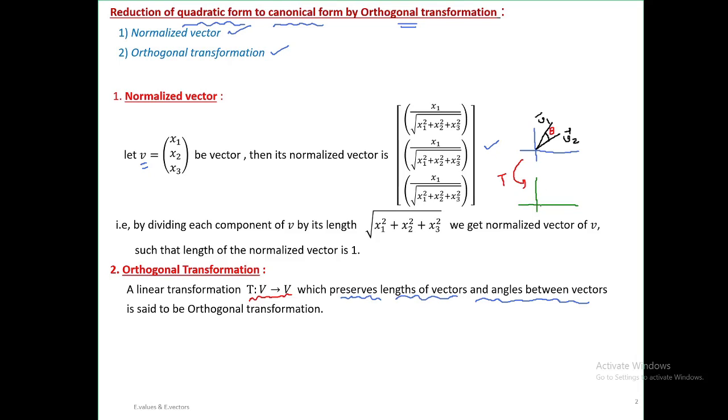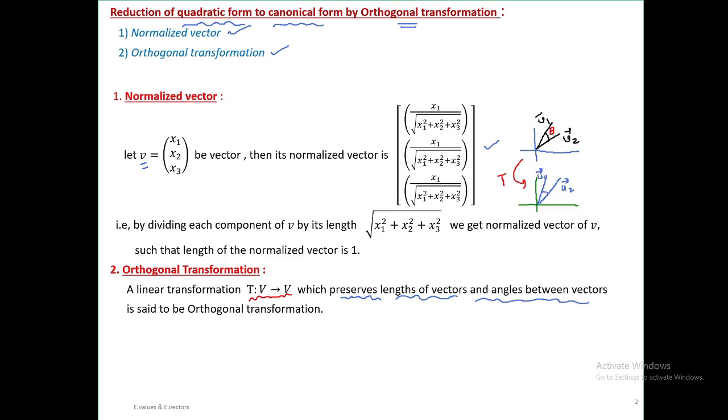Now I am getting this kind of vectors. Let us call this vector u1 bar, and this is u2 bar. These are after the transform. So v1 bar is converted to u1 bar, and v2 bar is converted to u2 bar.